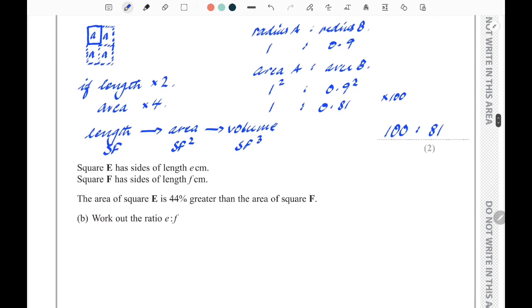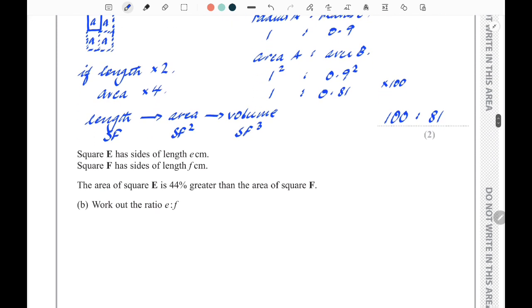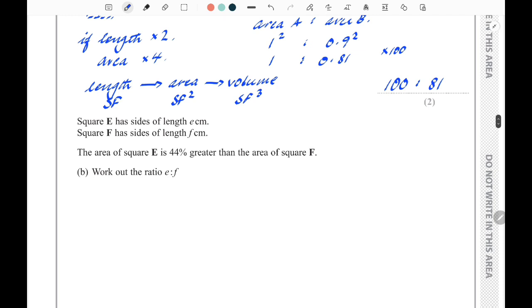All right. The second part of the question is based on 2 squares, and the squares have side length E and F respectively. And the area of square E is 44% greater. So again, the area scale factor, what we've just learned above there. So area of E to the area of F is 44%.